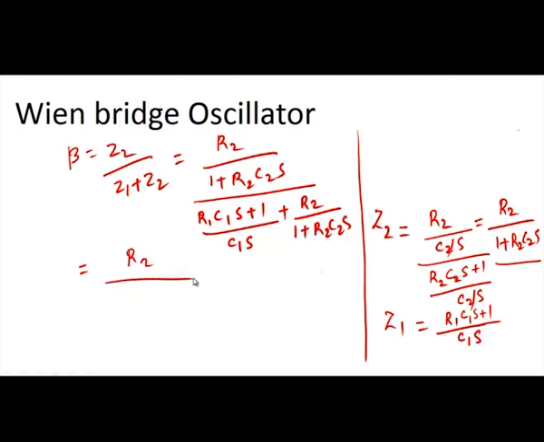Numerator you keep as such, R2 by 1 plus R2 C2 S. In the denominator this term you keep as such.